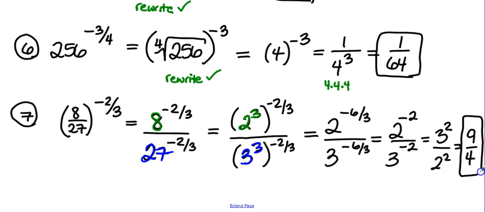And I'm done. So number 7 is very much using some properties that we've practiced these past couple days with, for example, sending in a power. This idea of rewriting 8 as 2 to the third and 27 as 3 to the third, and what we did from that point forward, that is our new learning that we're going to continue to practice in class tomorrow.